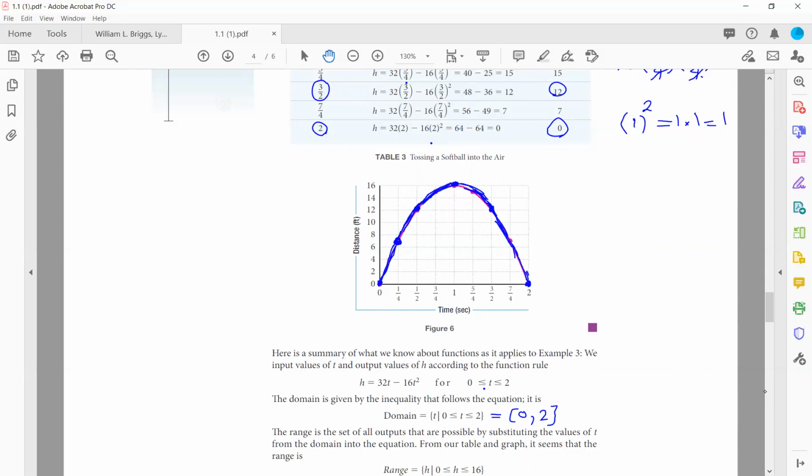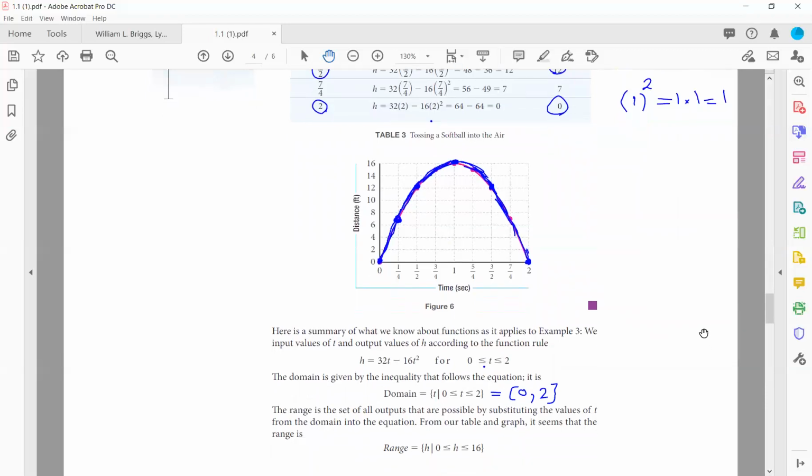What about the range of the function? You can look at the graph of the function. Your t values are between 0 and 2, and your y values start at 0 and stop at the highest point, which is 16, all numbers between 0 and 16.